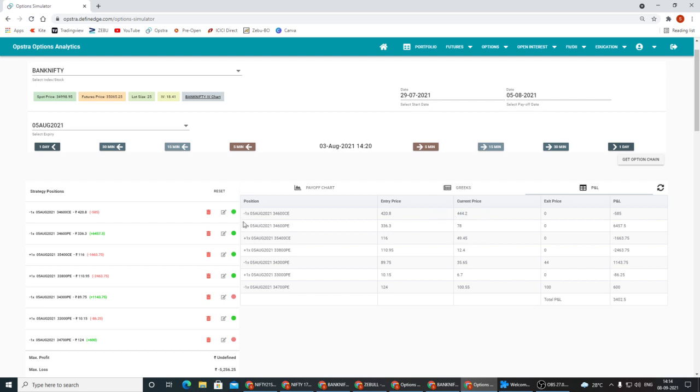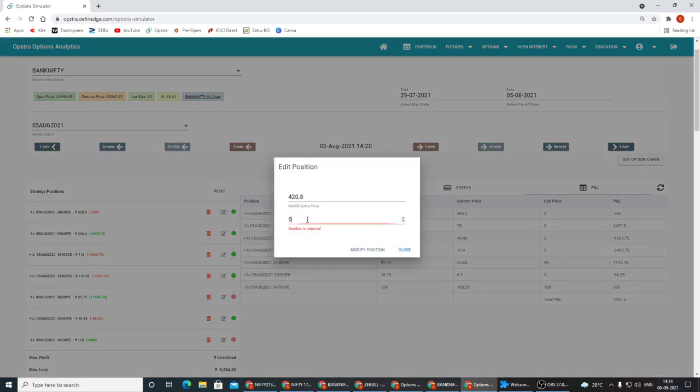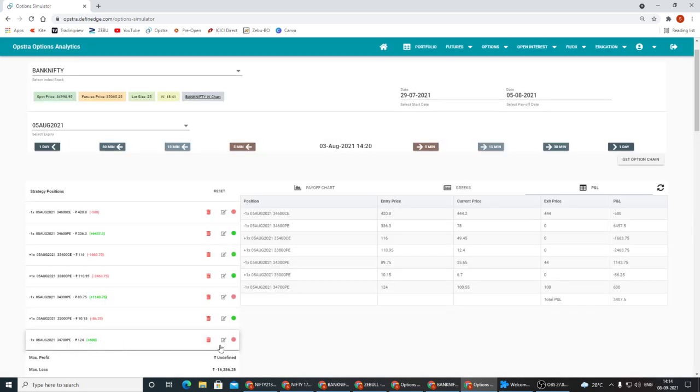So what we can do is we can close this call also. We can create another iron fly at current market price. Okay, so I am going to close this call 444 and I closed the put also.